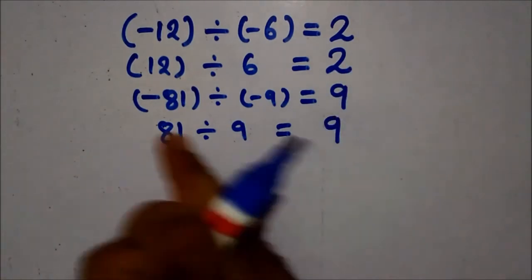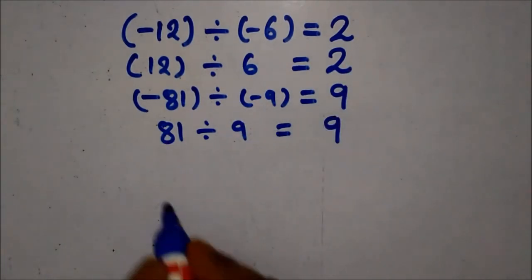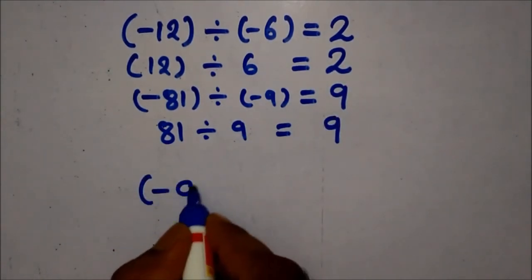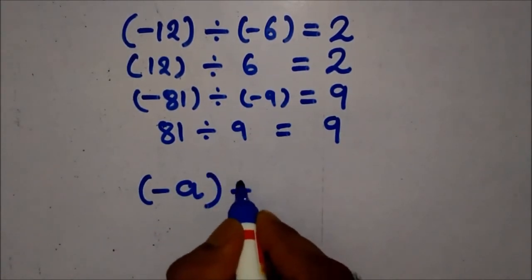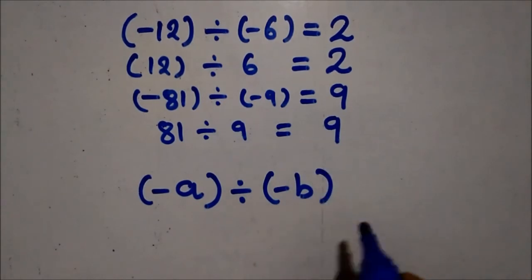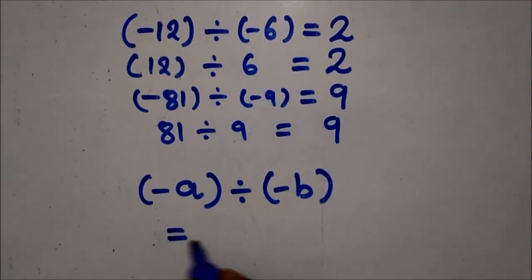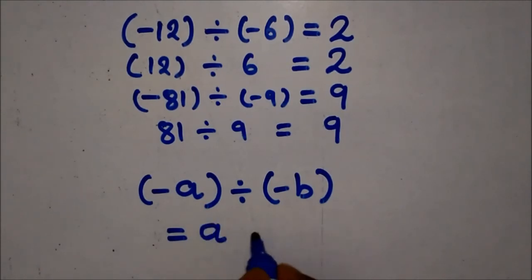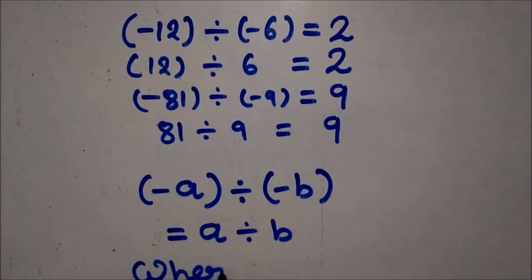So from here we can conclude that whenever we divide a negative integer by a negative integer, the answer is the same as the division of the positive integers, where b should not be equal to 0.